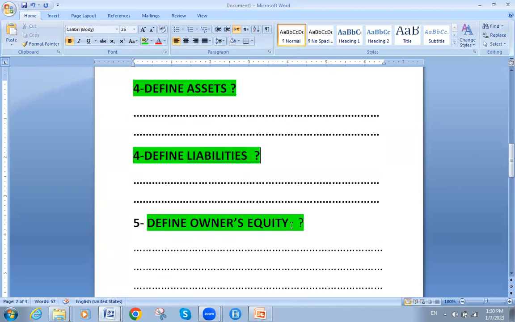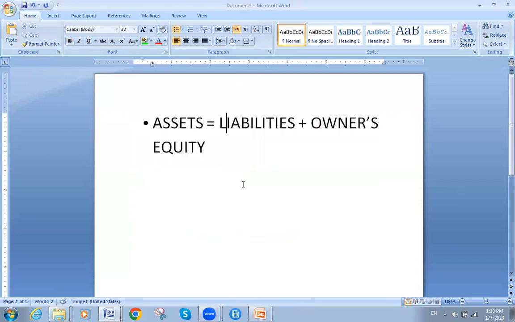Then we said the owner's equity. Another word for the owner's equity is capital. We said capital is another synonym for owner's equity. And we said the capital equals assets minus liabilities. I will remind you with the equation right now.